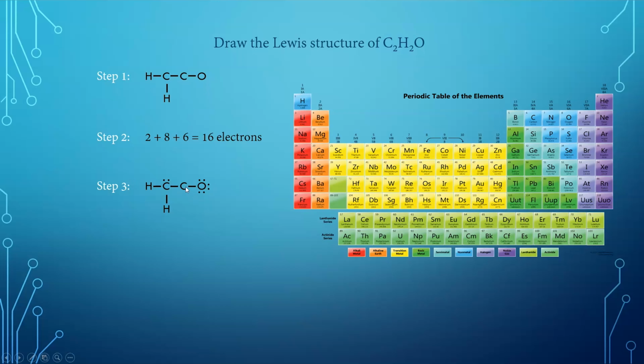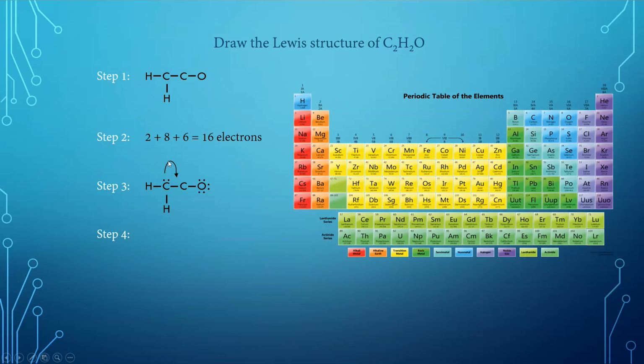But the carbon in the middle only has 4. Whenever we have an atom that is short electrons, the rule of thumb is very simple. For every pair of electrons an atom needs, we have to move a pair of non-bonding electrons from a neighbor and make a bond out of it. So in step 4, we are going to have to make multiple bonds.